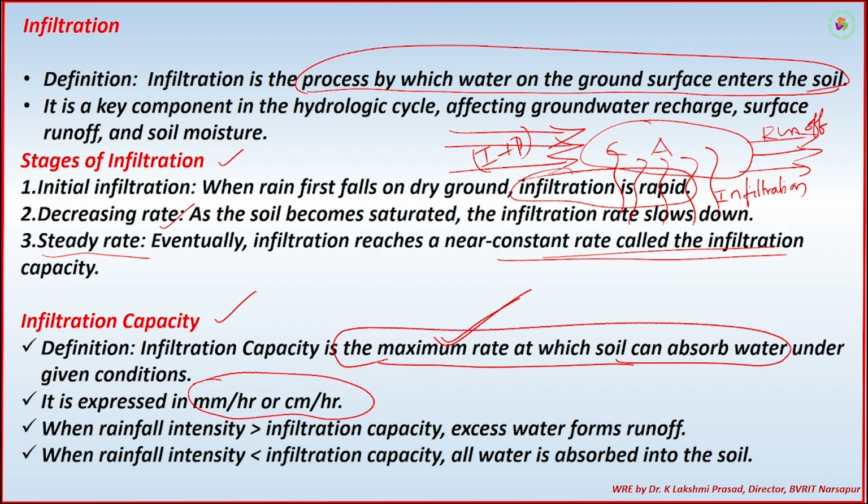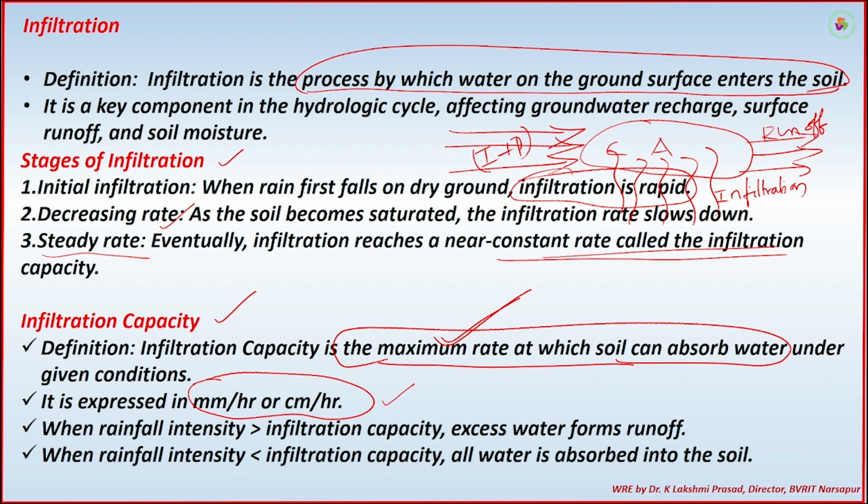What is the other thing which we express in centimeter per hour? Rainfall intensity. Similarly, infiltration rate or infiltration capacity is also expressed in centimeter per hour.